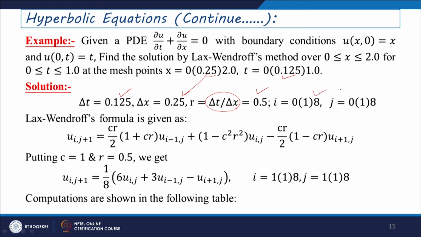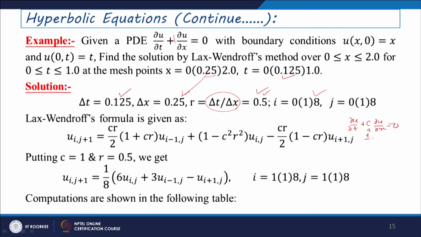And if we use this Lax-Wendroff formula, it is written in the form of u i j plus 1 as c r by 2 into 1 plus c r u i minus 1 j, plus 1 minus c square r square u i j, minus c r by 2 into 1 minus c r u i plus 1 j. First, c is taken as 1 here, since in this equation del u by del t plus c del u by del x equals 0, obviously c equals 1, and r is considered as 0.5.